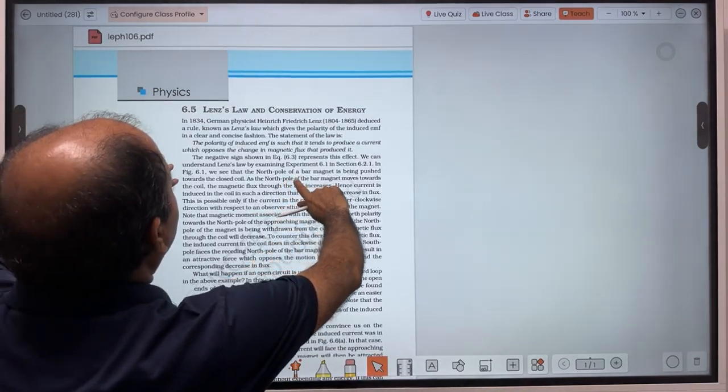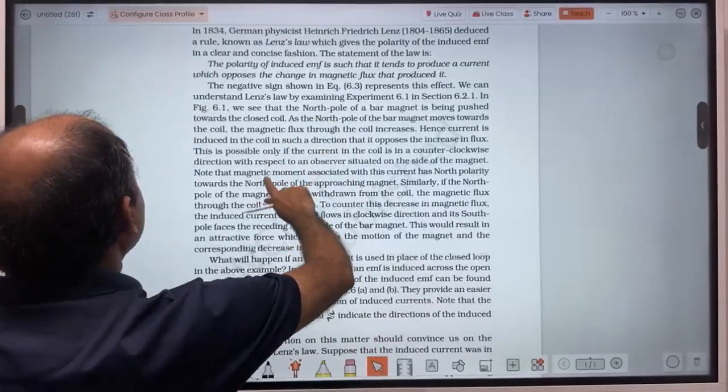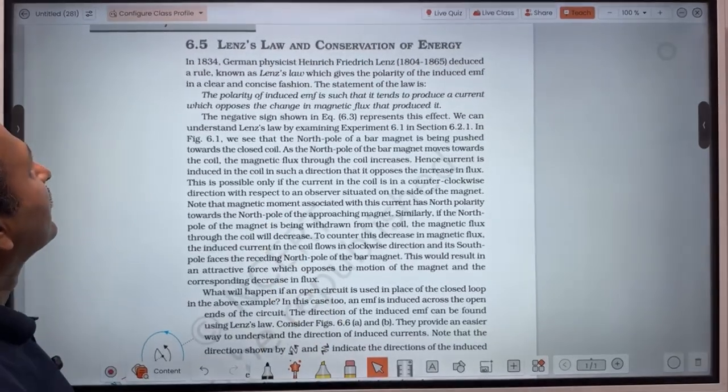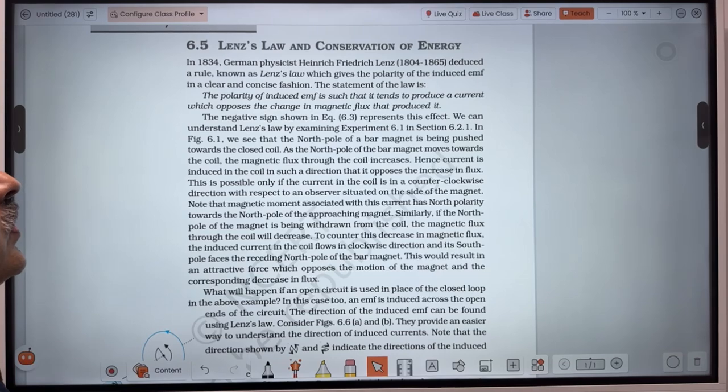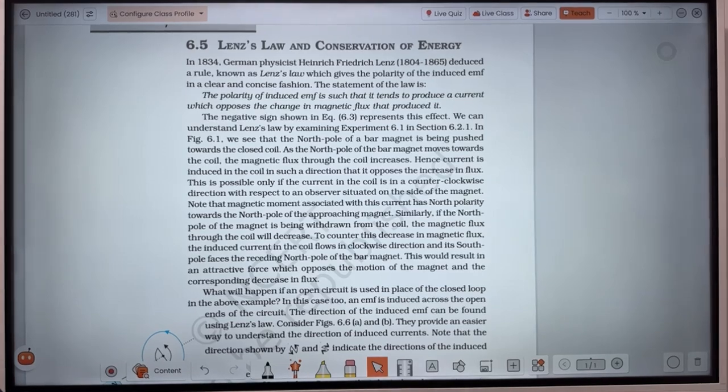Lenz's law and conservation of energy. So Lenz's law states that the polarity of induced EMF is such that it tends to produce a current which opposes the change in magnetic flux that produced it.